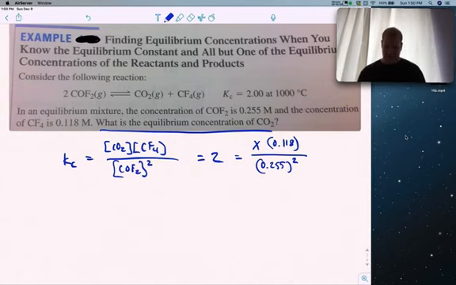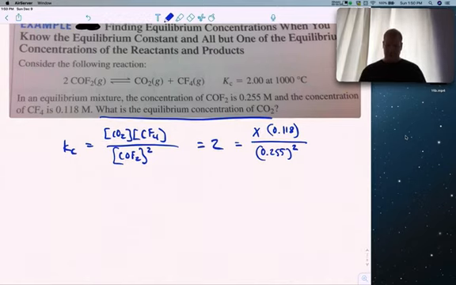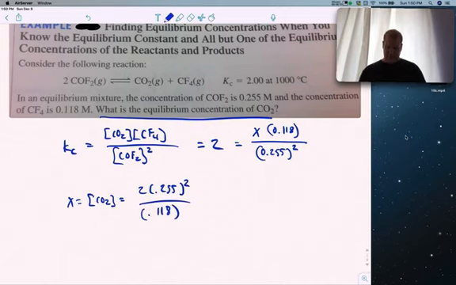So we can solve for our unknown, the concentration of CO2, and it's going to be 2 times 0.255 squared over 0.118. You have to look at this and figure out what the given information is, and what you can figure out. You're not told explicitly what the equilibrium constant expression is.